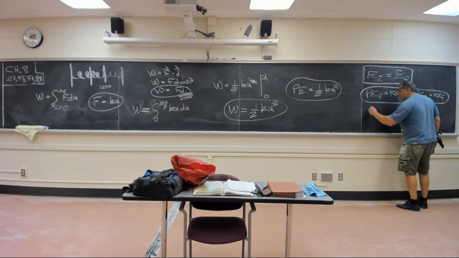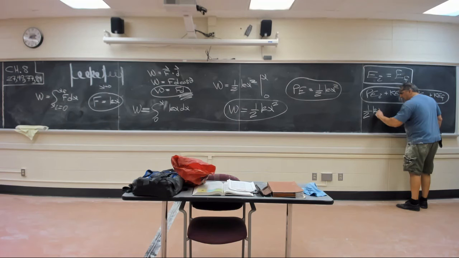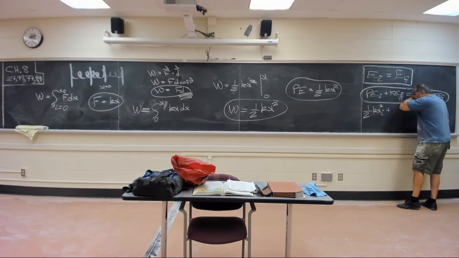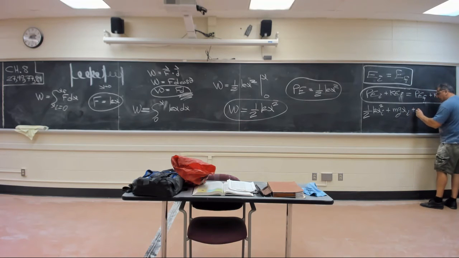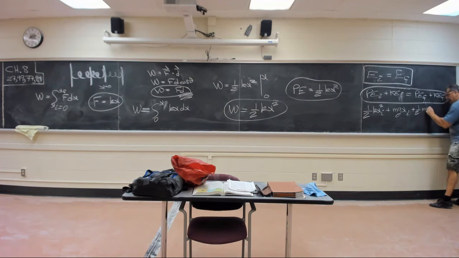So let's say there was something like this: 1/2 k x_i squared plus mg x_i plus 1/2 m v_i squared equals 1/2 k x_f squared plus mg x_f plus 1/2 m v_f squared.